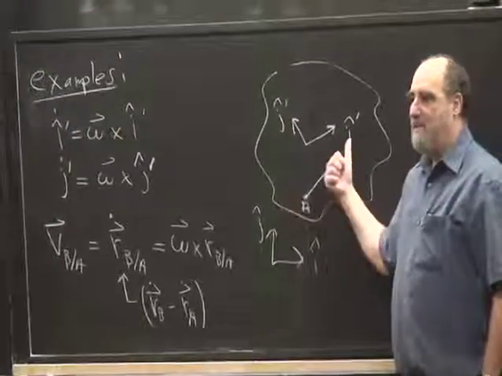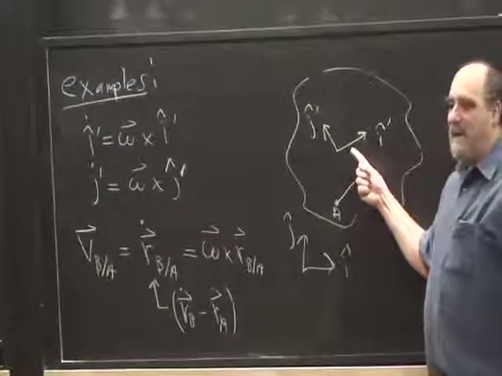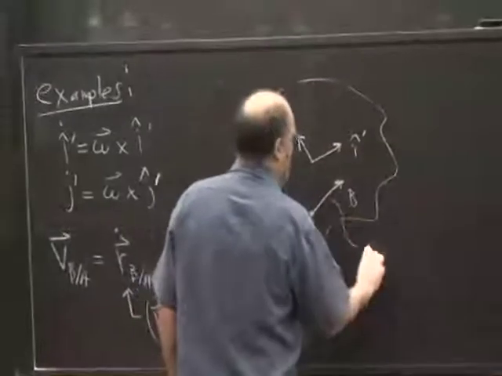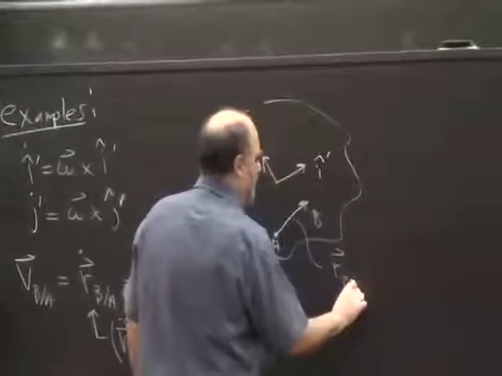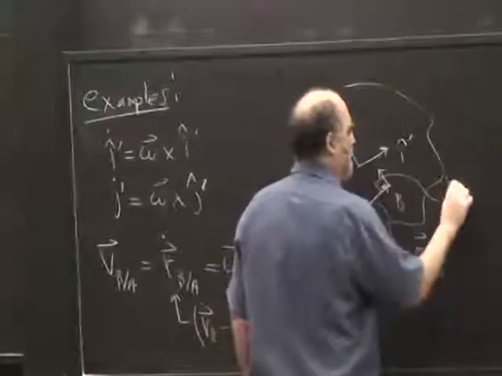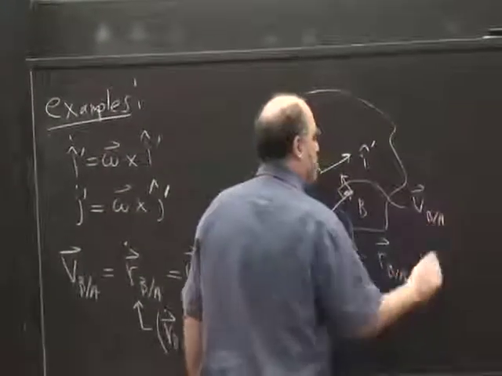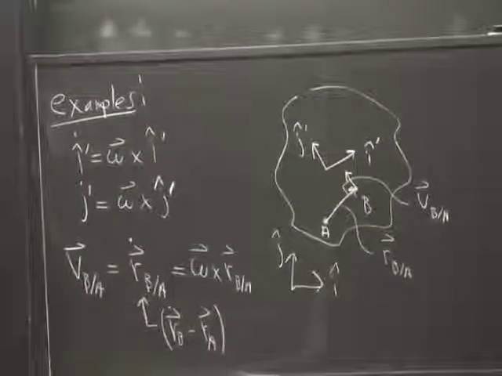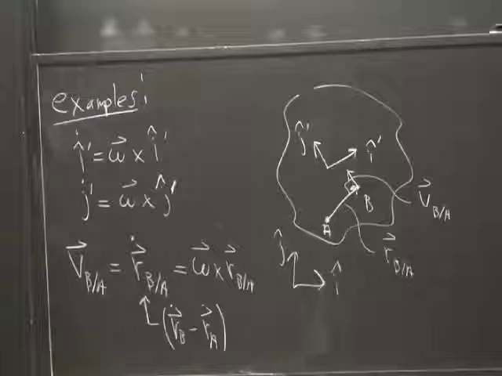So if we take omega cross r, it gives us a vector that's in the right direction and with the right magnitude. So if this is the position of B with respect to A, this then, perpendicular to it, is the velocity of B with respect to A. So that is probably the most important application of this formula.